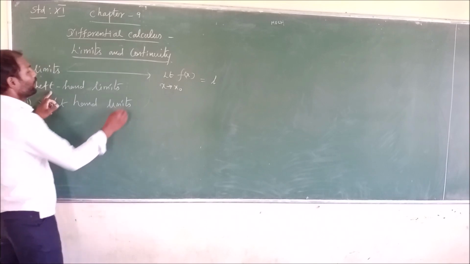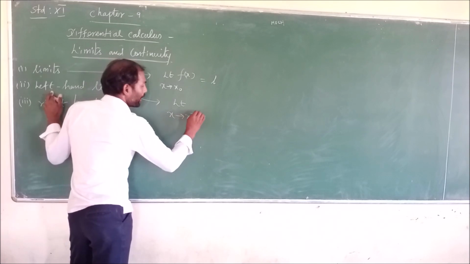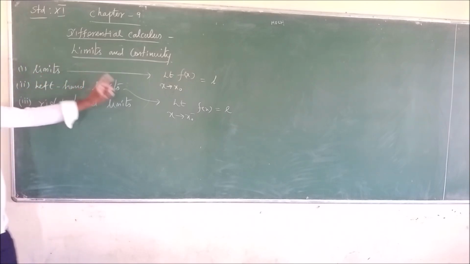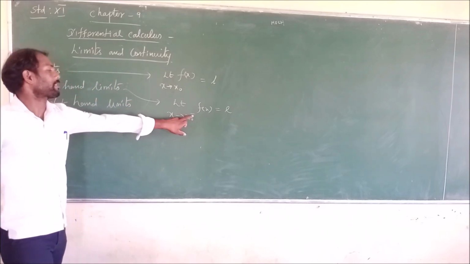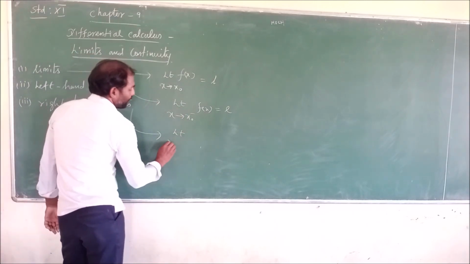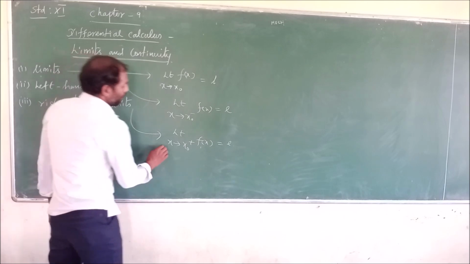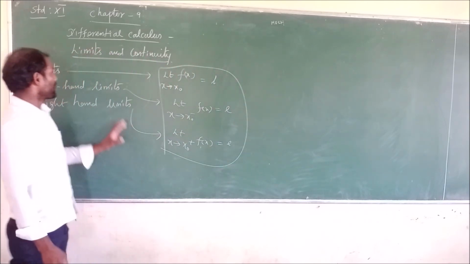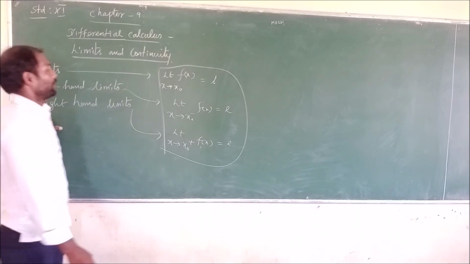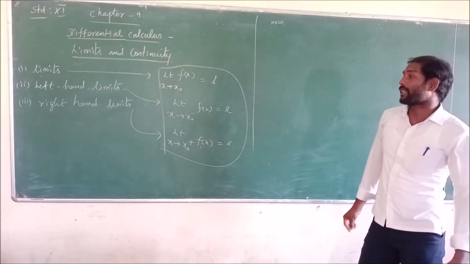Then left hand limit is limit x tends to x naught minus of f of x equals L. The right hand limit is noted by limit x tends to x naught plus of f of x equals L. This is the basic definition and notation of limit, left hand limit and right hand limit. So we will now see some examples of limit.